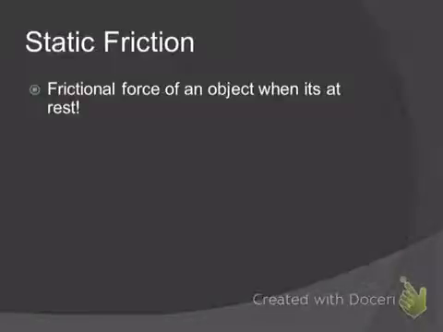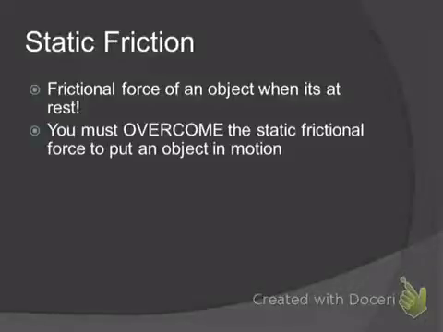So static friction is the frictional force of an object when it's at rest, or just before it goes into motion. You can think of it like this: the static friction is what's holding it in place. You have to overcome static friction in order to start your motion. If you're pushing something or pulling something, you have to overcome static friction in order to begin your motion.